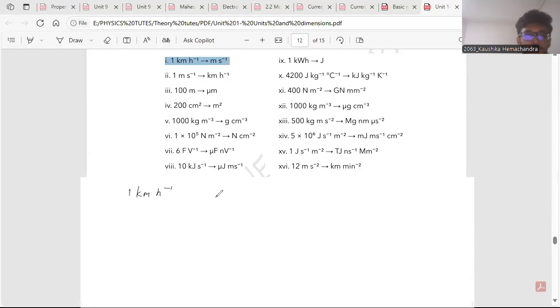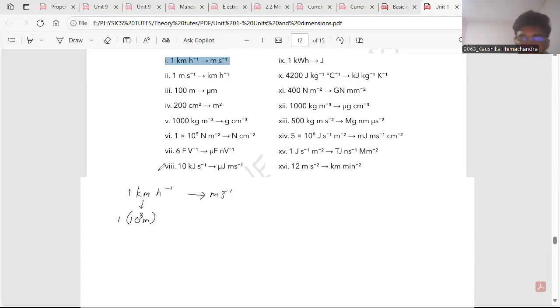1 kilometer per hour in meters per second. So kilometer to meter is simple, no? It's 1 into 10 to the power 3 meters is 1 kilometer. So you have to substitute them separately. You need two brackets now.